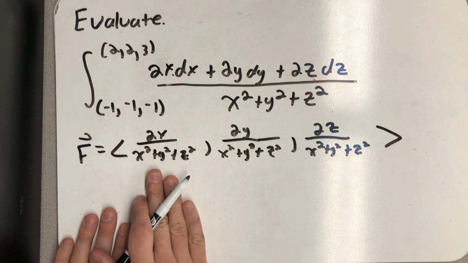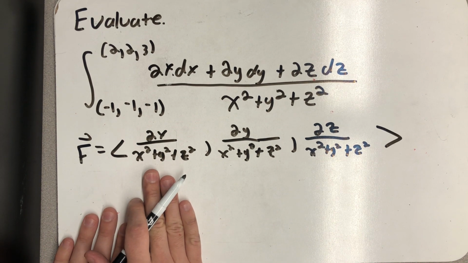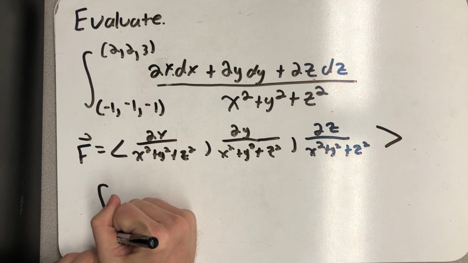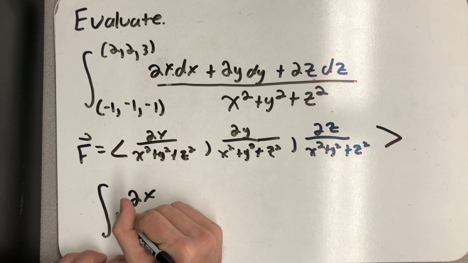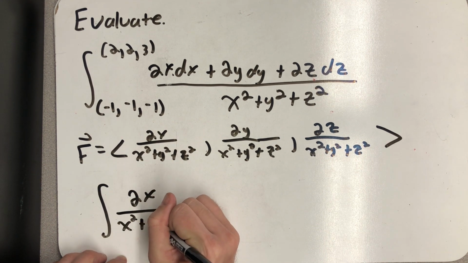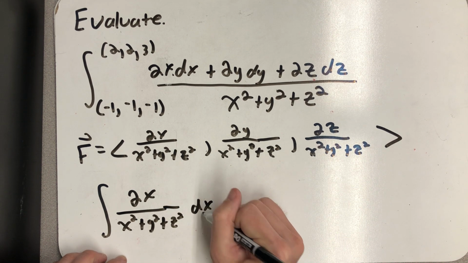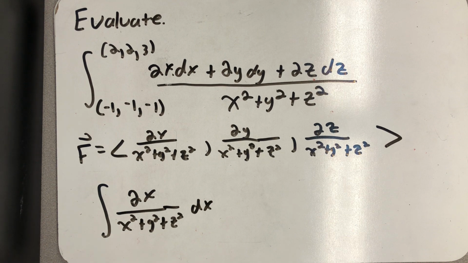So thinking in that way, this is the partial of f with respect to x. So I want to think about finding an antiderivative of that with respect to x, treating y and z as if they were constants. And maybe you just thought of what the antiderivative was a moment ago and already have your potential function.